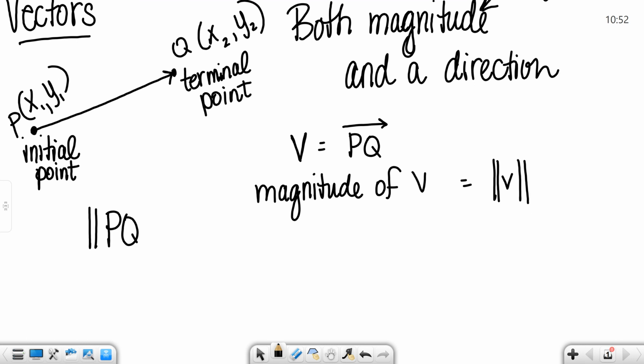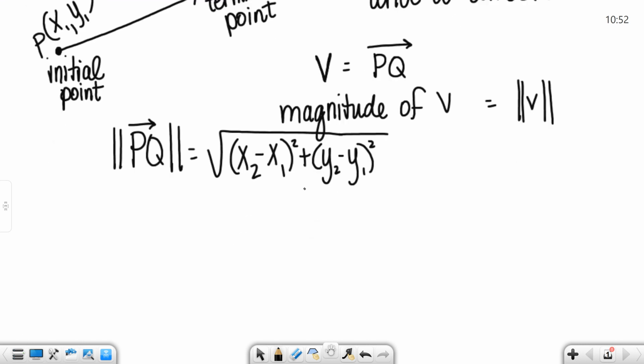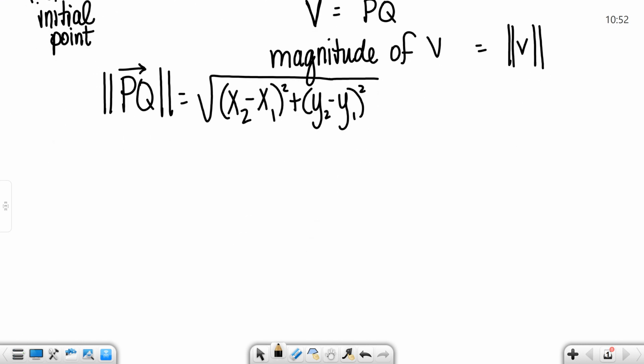So the magnitude of PQ in this diagram would be the square root of, and just as a reminder, there is our distance formula. So that's just the basics of our vectors, and so let's jump in and try to work some problems using this little bit of information to get us started.